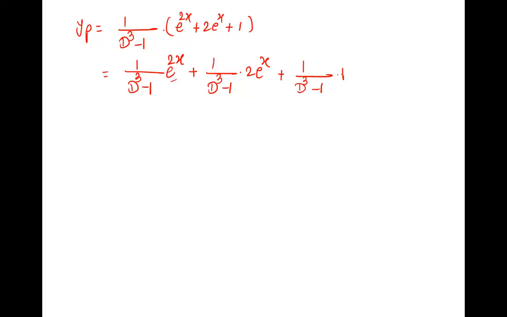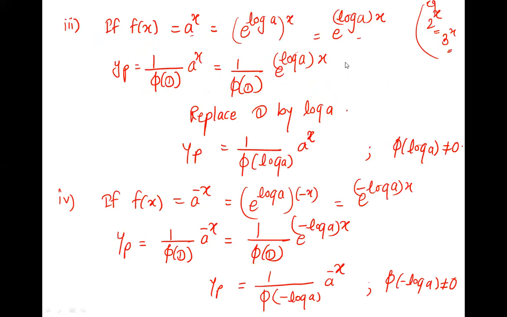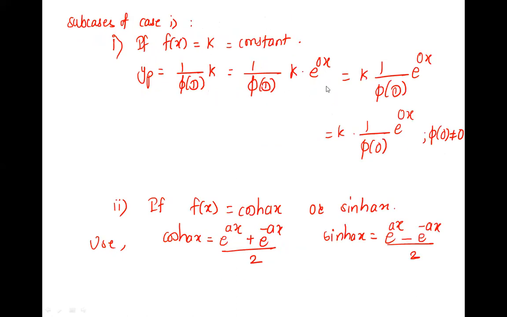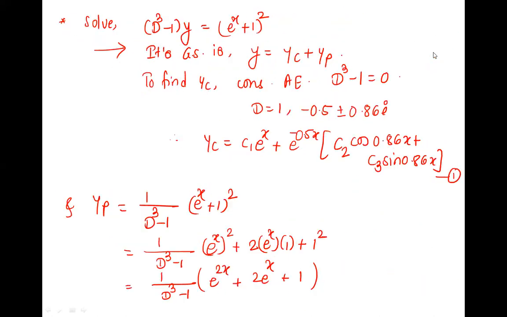2 can come out, but here it is 1 only. What can we do with that 1? How do you solve this? Here it is 1. How do you solve 1? e raised to 0x. Yes, I told you if there is any constant, constants are multiplied with e raised to 0x and can be solved.